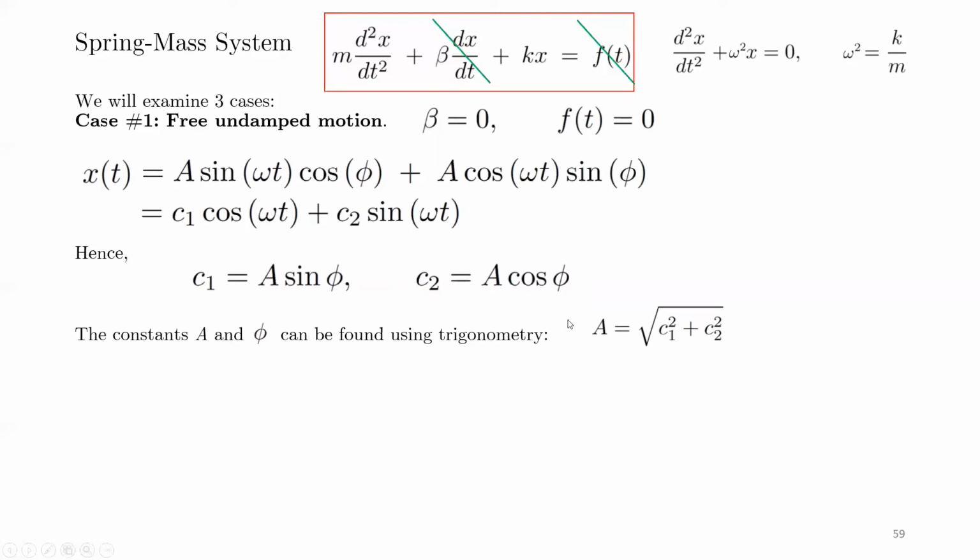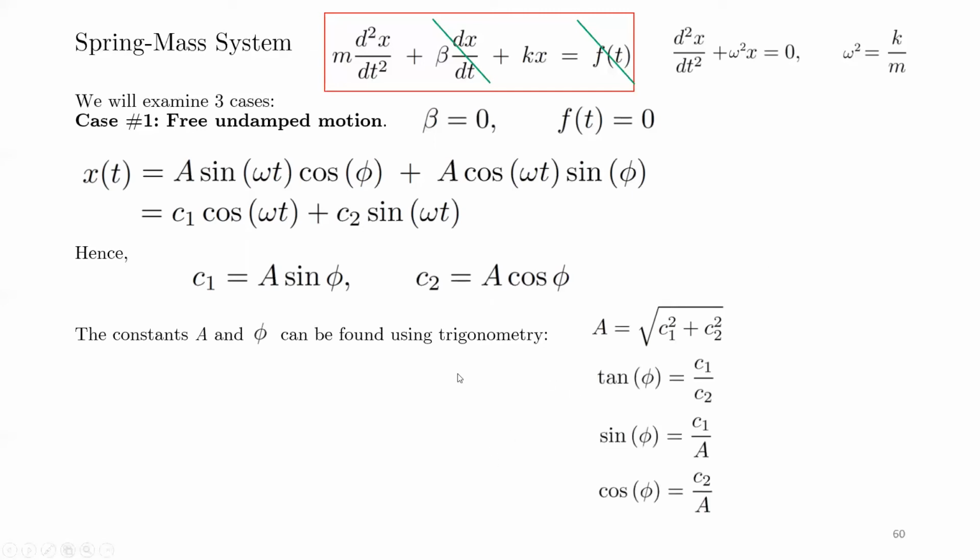We can bring out the common factor of A squared, then we're left with A squared times sine squared phi plus cosine squared phi, which we know is equal to 1. So we end up with A squared, and then if we take the square root, we just get A. Okay, so the amplitude of the motion is just equal to the sum of the squares of these two constants, C1 and C2, and then the square root of that.